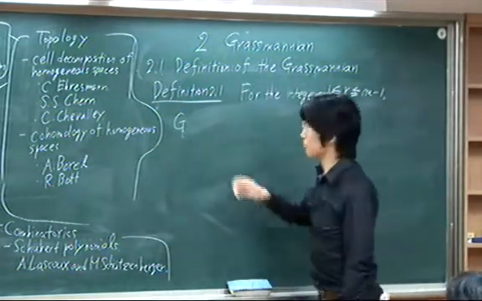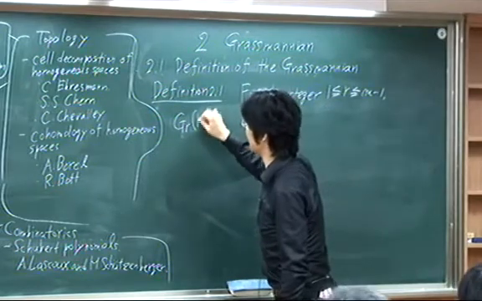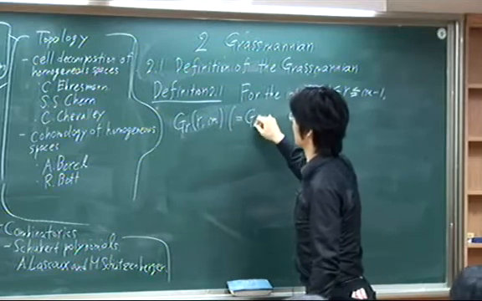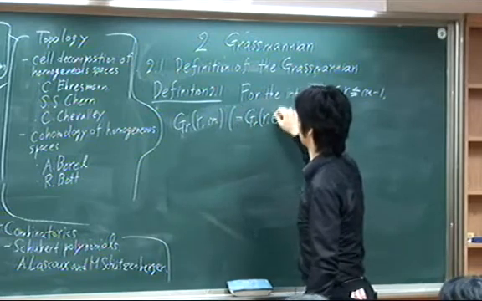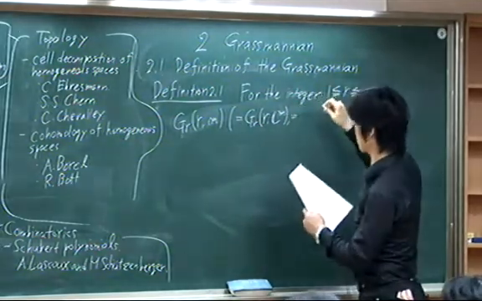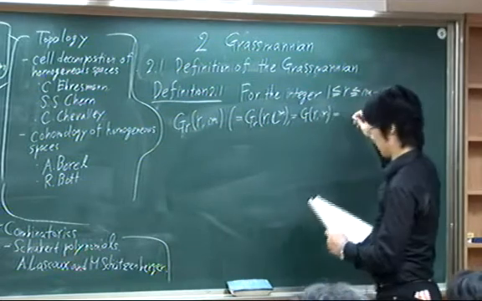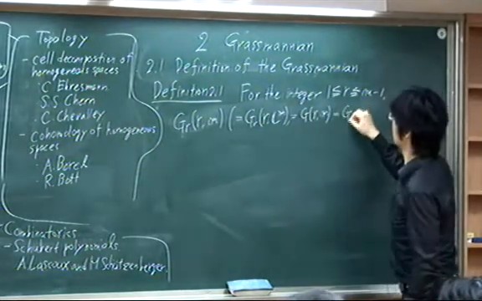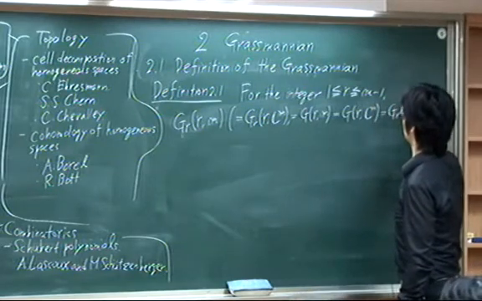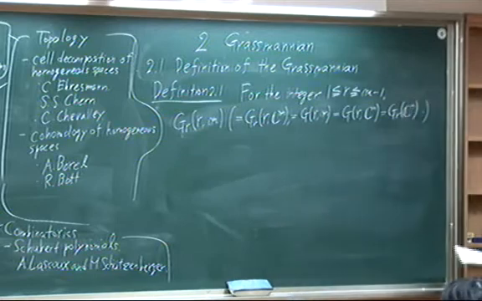In Schubert calculus, the complex Grassmannian is denoted like this, or sometimes differently, with various notations.